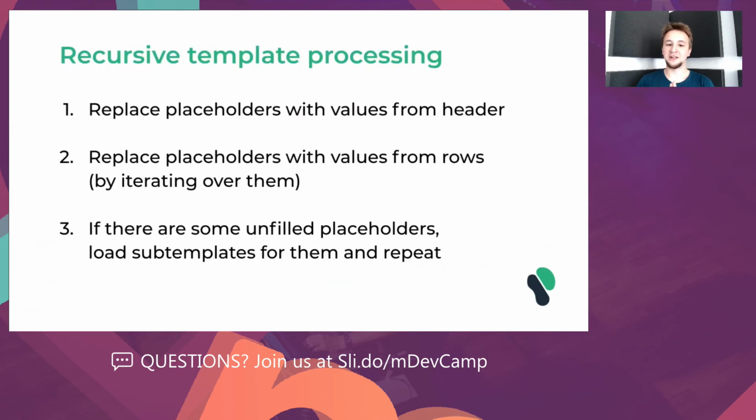Right, so then there is this recursive template processing, which is quite simple at its core. The generator just replaces the placeholders with values from the header fields, then replaces placeholders with values from rows. And if there are some unfilled placeholders, the generator loads subtemplates for them and repeats the process up to the point when there is no unfilled placeholder.